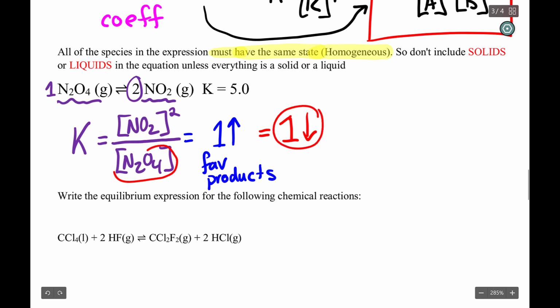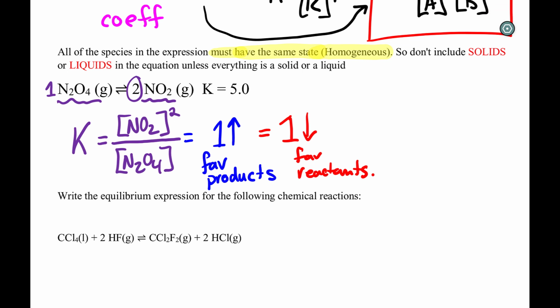To get a value smaller than 1, your denominator has to be bigger. So essentially this reaction favors the reactants, and that means that at equilibrium, I have more reactants than I have products. If my K value is greater than 1, like in this example, it means at equilibrium, I have more products than reactants.